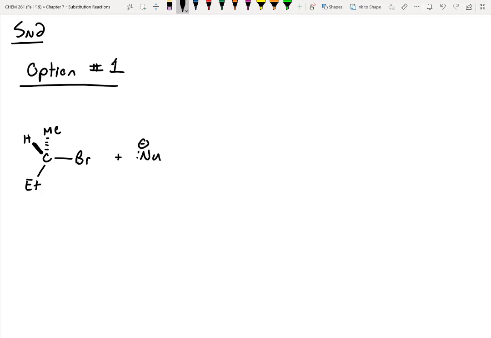And I've got my nucleophile. In an SN2 reaction, we can have a situation where the nucleophile attacks the same side as our leaving group. So it's kind of attacking the face of the carbon where the bromine's attached, and then the bromine can get kicked off. So let's consider the transition state for this.